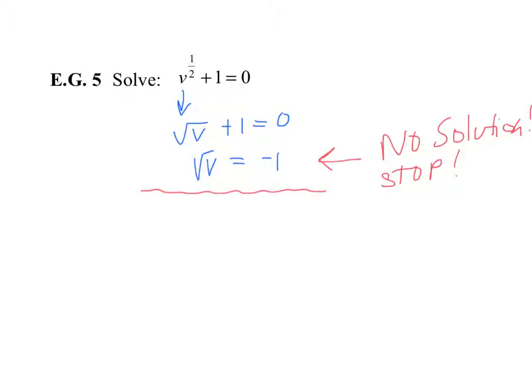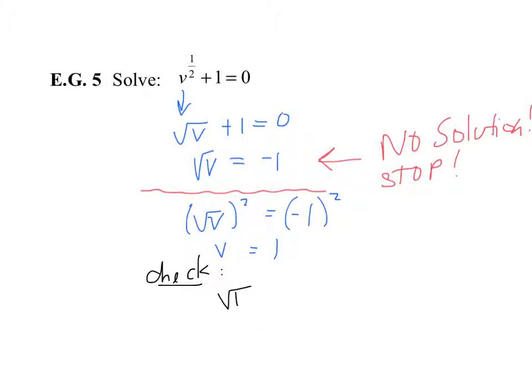You're going to say, all right, I'm going to square that. And if you do everything correct, you're going to get V equals +1. And you're already going to be solved. You're going to go and put it in your check. And so you're going to put it back and say square root of 1 plus 1 equals 0. I guess I'm using this step right here, which is okay.